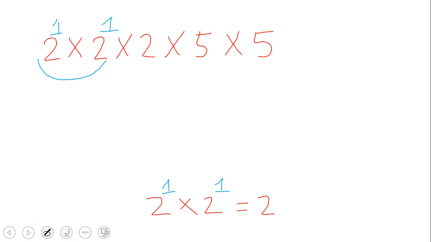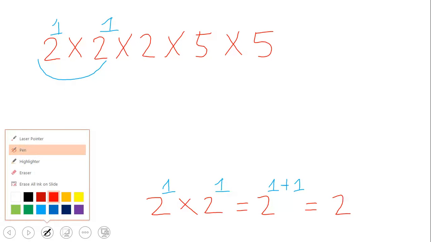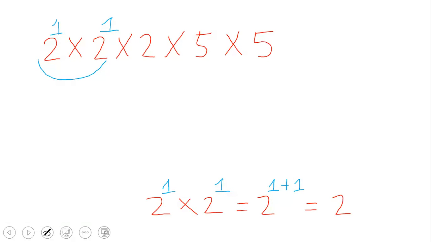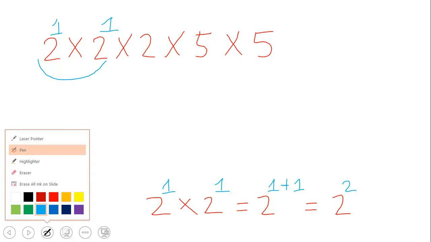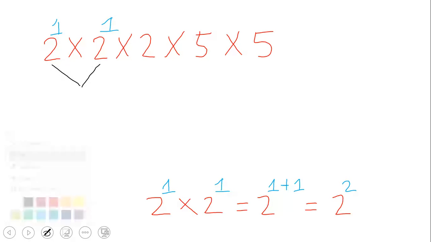So it will be 2 raised to the power of 1 plus 1, and 1 plus 1 is indeed 2. So thus the result is 2 to the power of 2. Okay, so that means that 2 times 2 equals 2 squared.